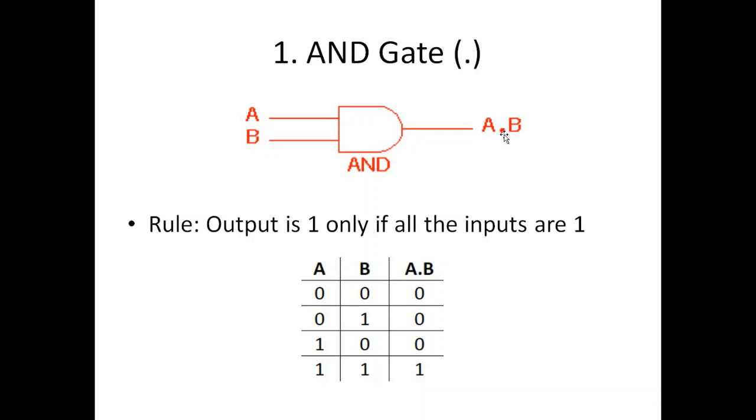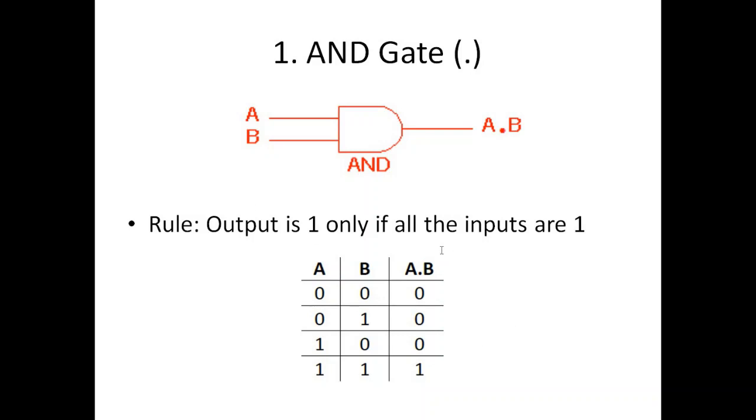Because the dot or the AND gate works just like multiplication. 0 multiplied by 1 is 0, or you go with 1 multiplied by 0, again it is 0. But 1 multiplied by 1, that is 1. So in the AND gate, no matter how many inputs you have, you only get an output of 1 unless and until all the inputs are 1.